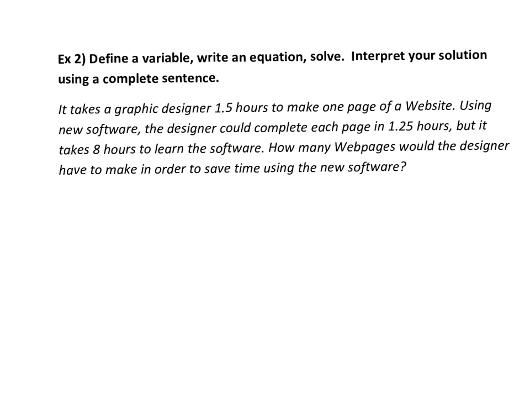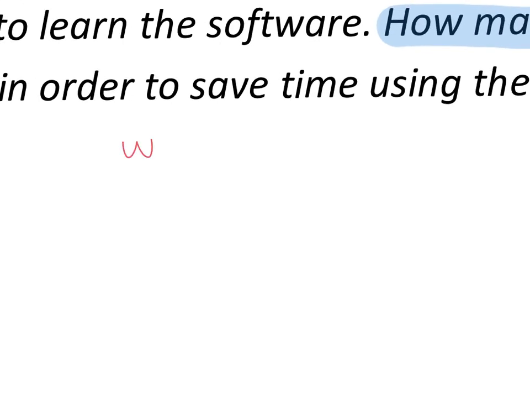How many web pages would the designer have to make in order to save time using the new software? All right, so first off, define our variable. What are we looking for? Well, we're looking for how many web pages. So I'm going to put W for the number of web pages.